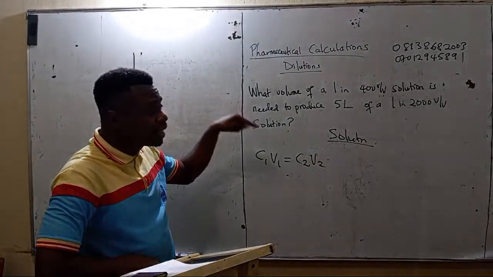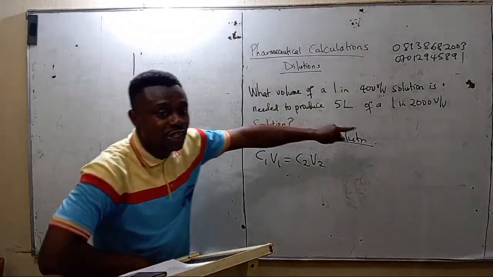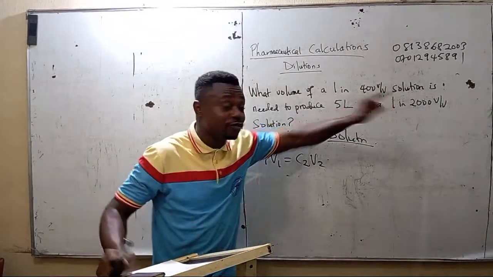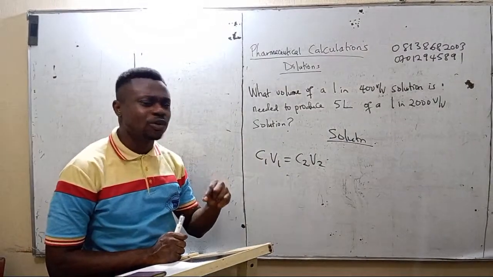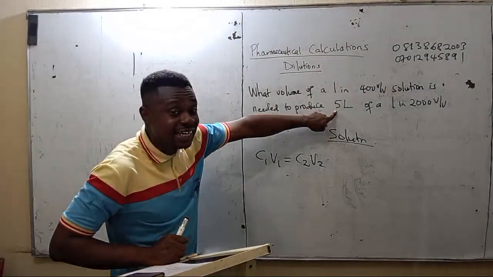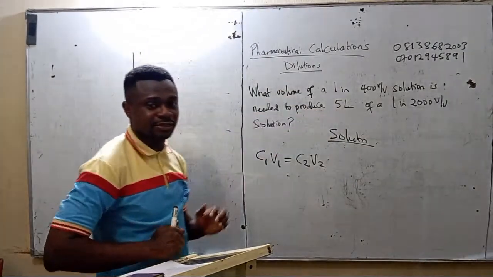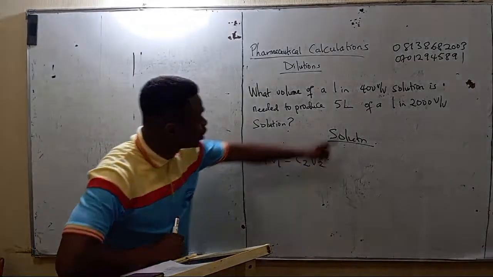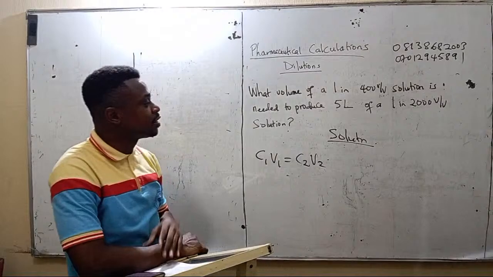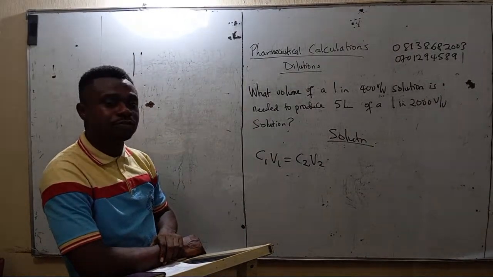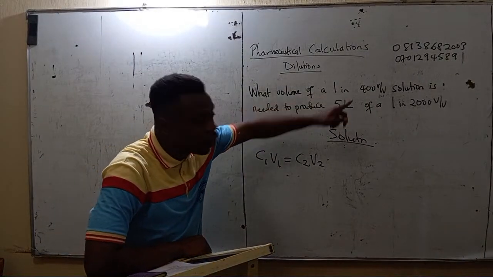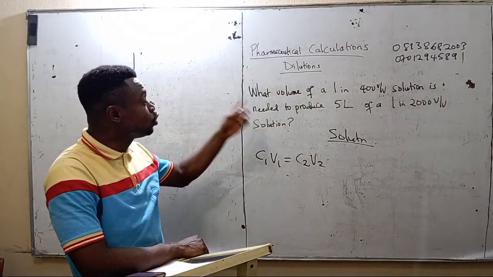But it was diluted to another strength, which is 1 in 2000 volume in volume, and the volume of the diluted solution is 5 liters. So we have our V2 to be 5 liters, our C2 to be 1 in 2000 volume in volume. We have 1 in 400 volume to volume, but we don't know the volume.